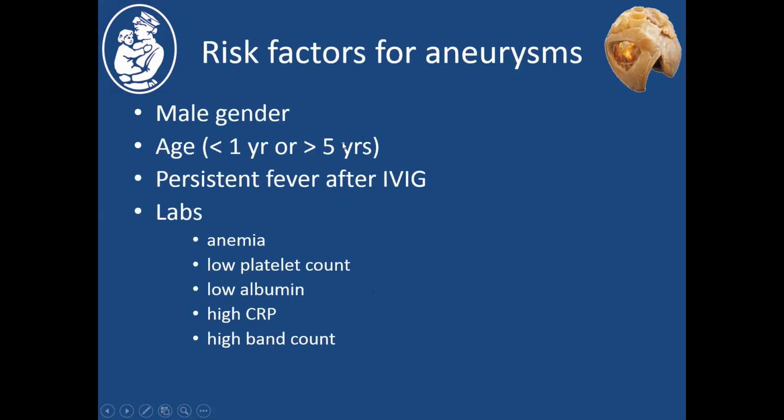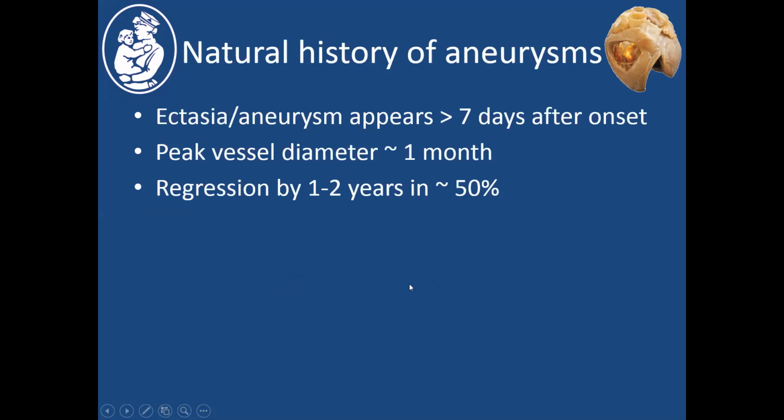Very young children or children over 5 or 6 years of age tend to have a higher risk for aneurysms. Persistence of fever even after IVIG, that is failure of IVIG therapy, and certain laboratory values. Interestingly, a low platelet count is a risk factor for aneurysms, and of course all of the other factors that we know of that occur in Kawasaki disease.